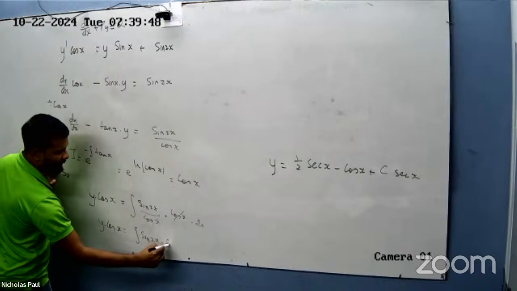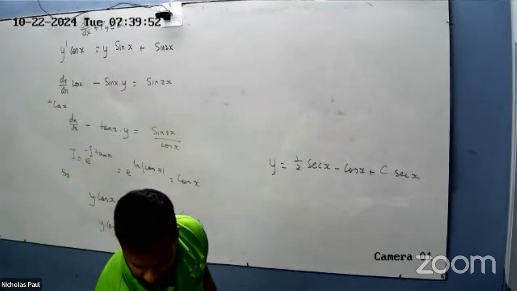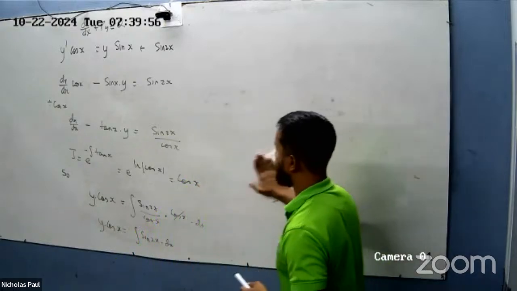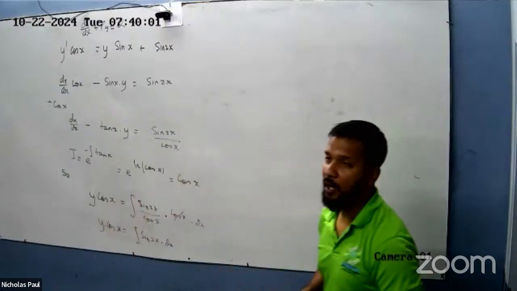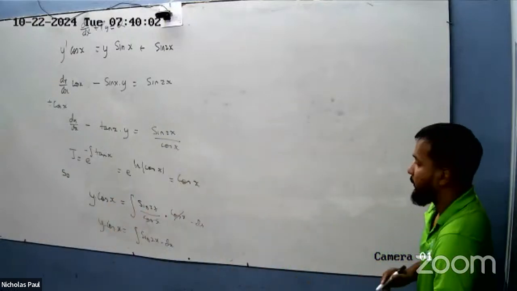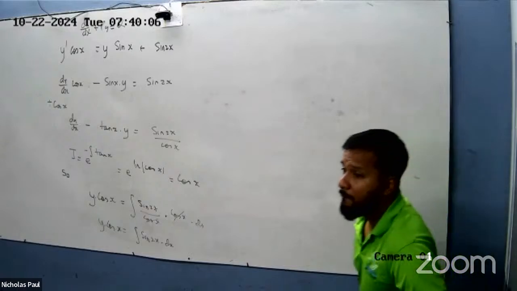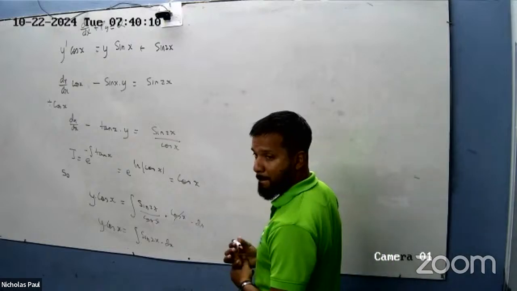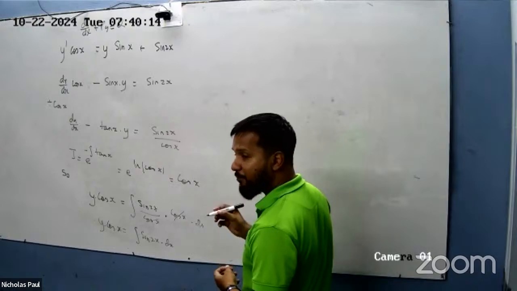sine 2x dx. How you integrate sine 2x? Minus cos 2x. Like all of it is like a half. Minus a half cos 2x.